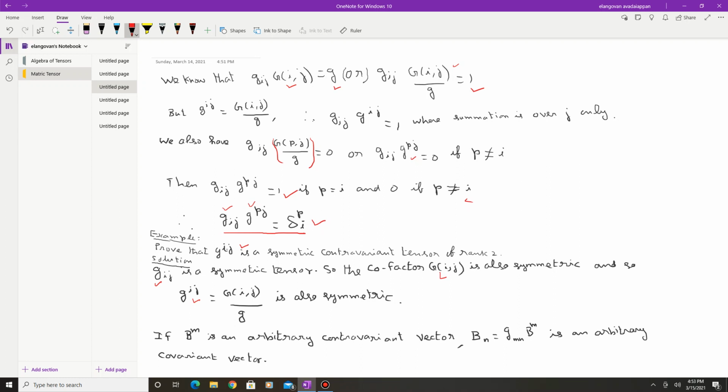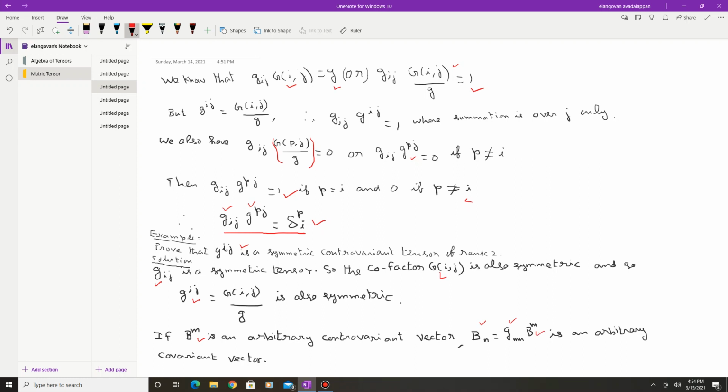Now if you choose a tensor B^m, this is an arbitrary contravariant vector of rank 1, and the covariant vector can be obtained by multiplying by g_mn, the symmetric covariant metric tensor, so you get B_n.